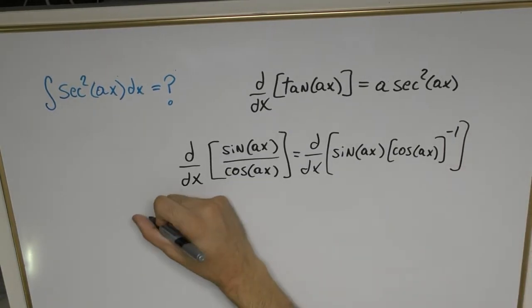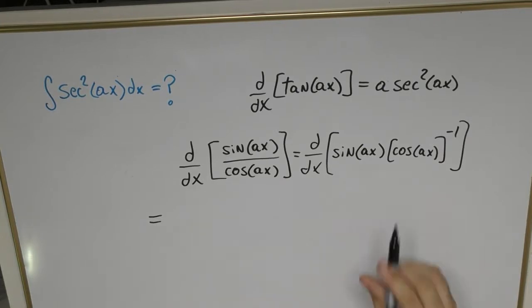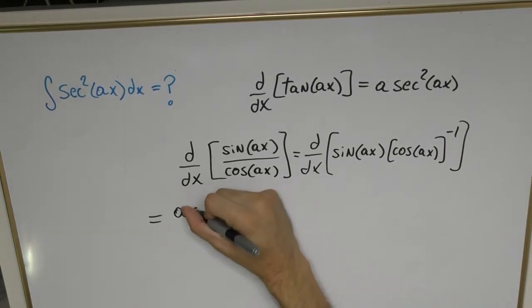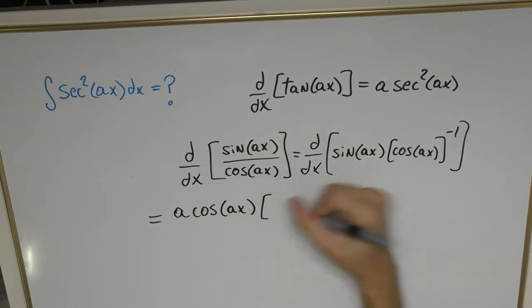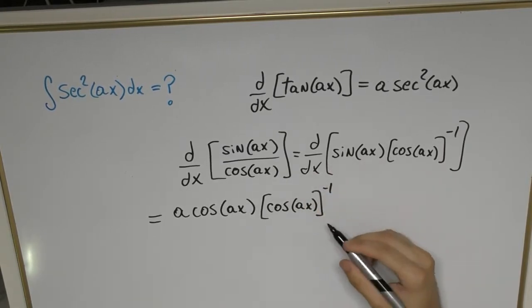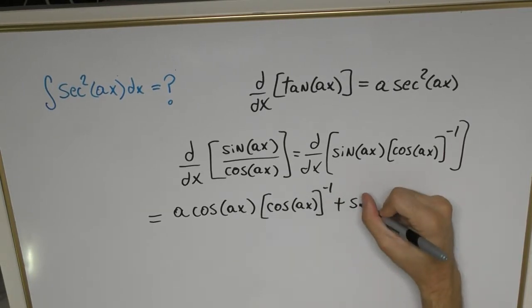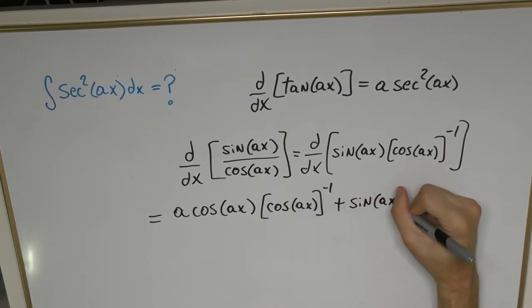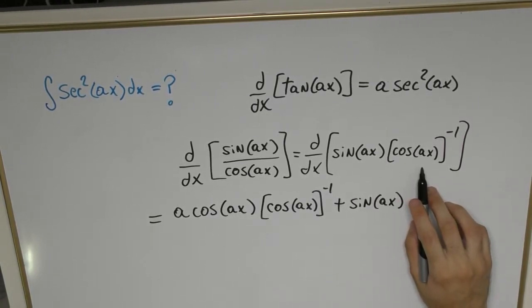And now we're going to carry out the product rule, so that means we're going to differentiate the first function first. That's going to be a cosine of ax times the other function, which is cosine of ax to the power of -1. And then we're going to add the derivative of this one times that one, so that's going to be sine of ax. Now the derivative of this function is going to require us to use the chain rule.